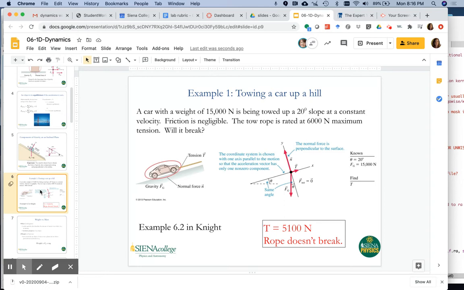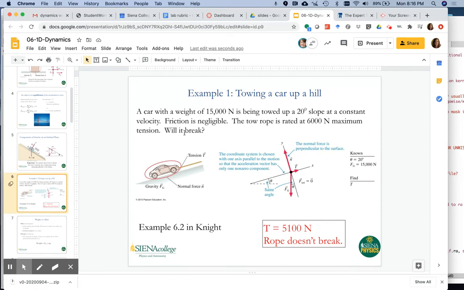Okay, so let's do an example. So we're going to use a strategy, and we'll actually give you these in class, or you can download them from Canvas. We have a dynamics worksheet, and it's a nice way of organizing all the information that you have when you're doing this type of problem.